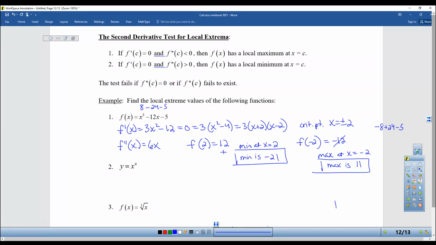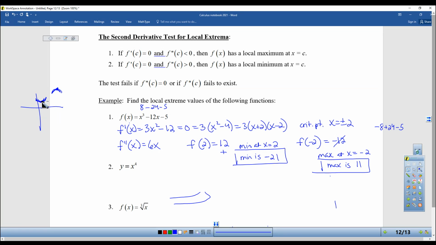Now, hopefully you're asking, why does that work? Here's why. If you have something that is either a max or a min, it's either going to be concave up or concave down. So what they're saying is, I know something happens at 2, and since its concavity is positive, it must be going up.